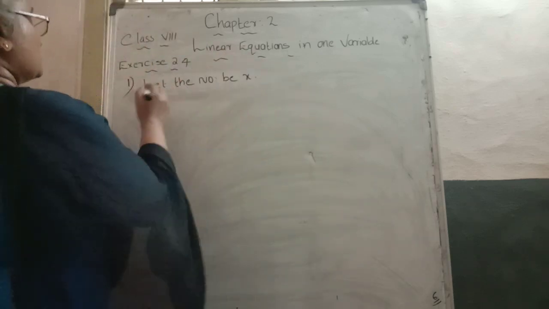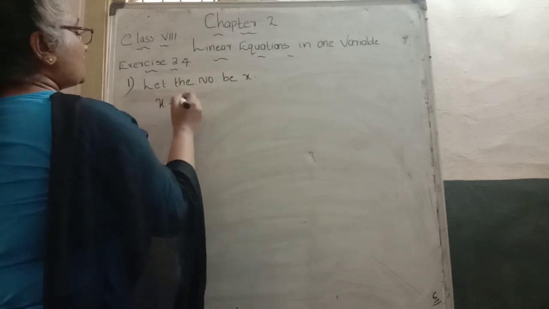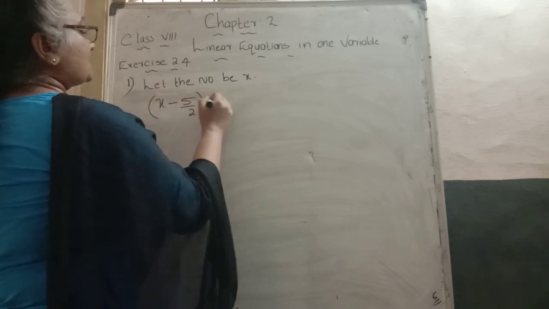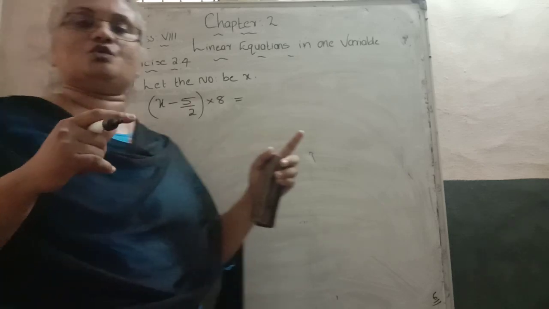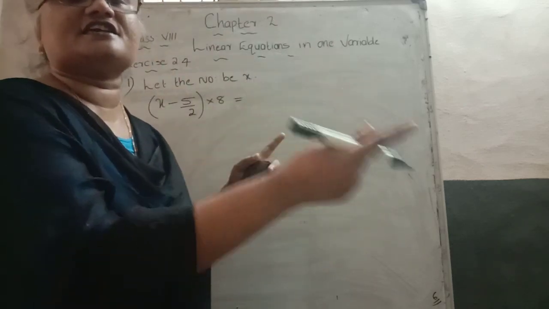That result is multiplied with 8. So we can write it as: this number is subtracted with 5 by 2 and this result is multiplied with 8, that is equal to twice the thinking number.